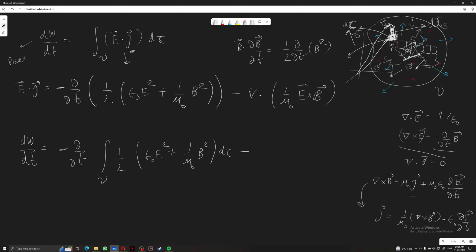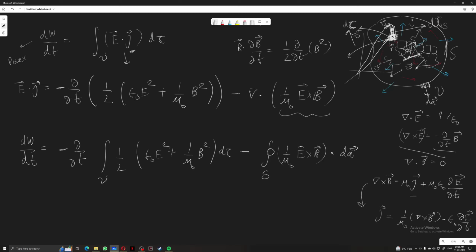And then I have the volume integral of a divergence, and I can use the Gauss divergence theorem to replace this volume integral with a surface integral. So whatever volume is enclosed by this surface, I can do the integral on this surface of this quantity. So I have a surface integral of 1 over mu naught E cross B. This is a vector quantity, remember, over this surface, where dA is this little patch of area dA.